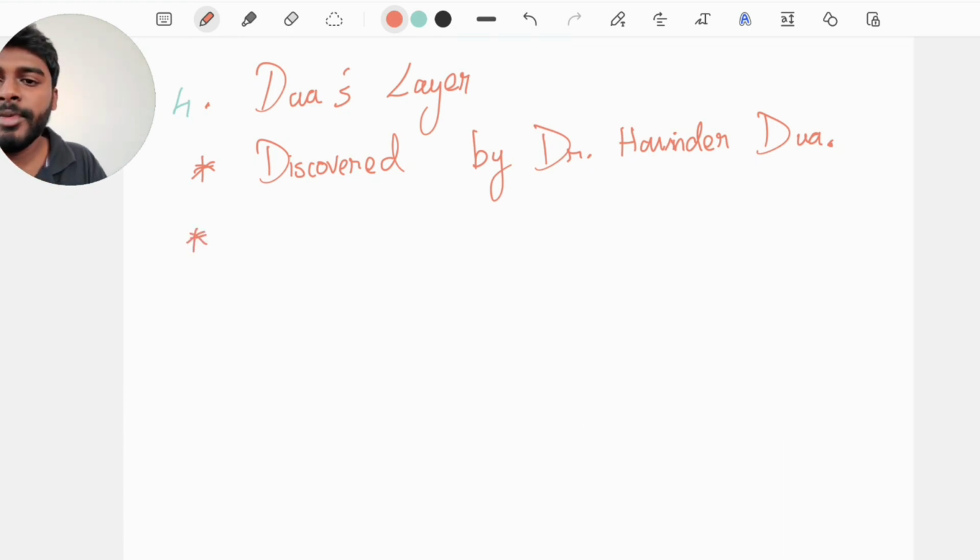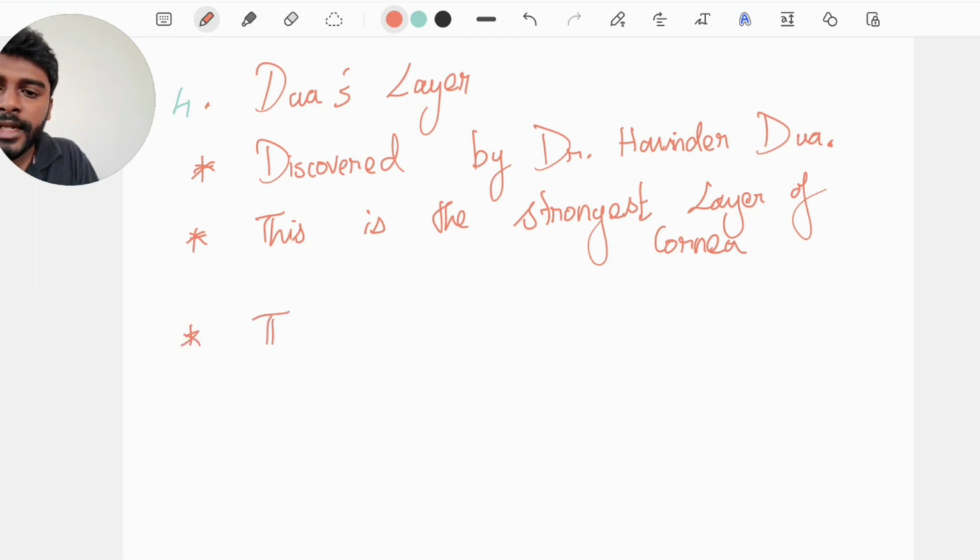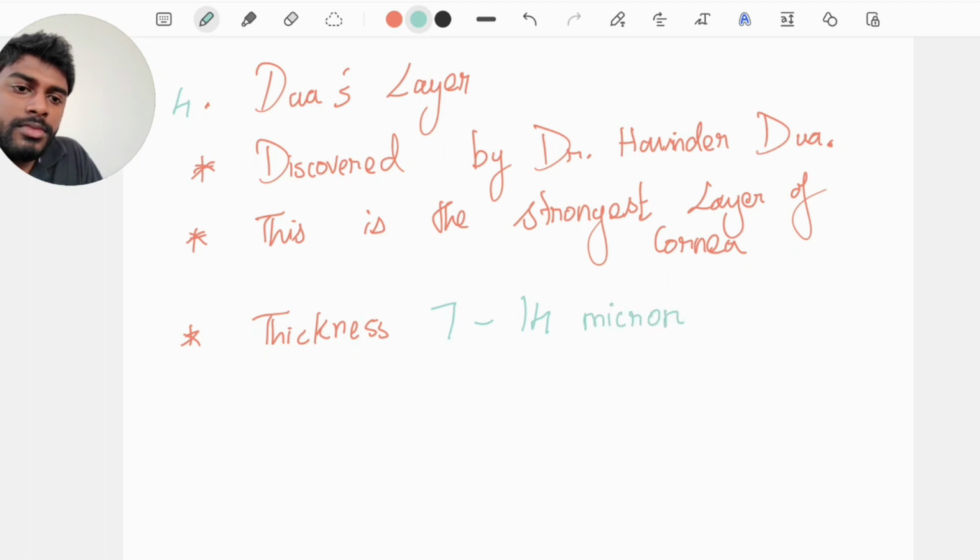What you should remember about Dua's layer is that this is the strongest layer of the cornea. The thickness varies around 7 to 14 microns. There is nothing more: remember that this is the strongest layer of the cornea.